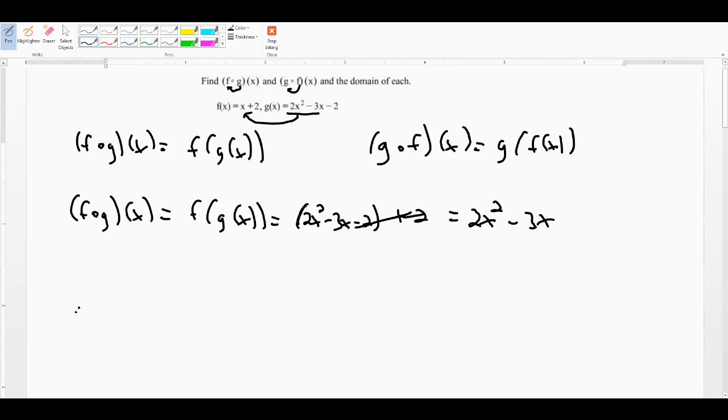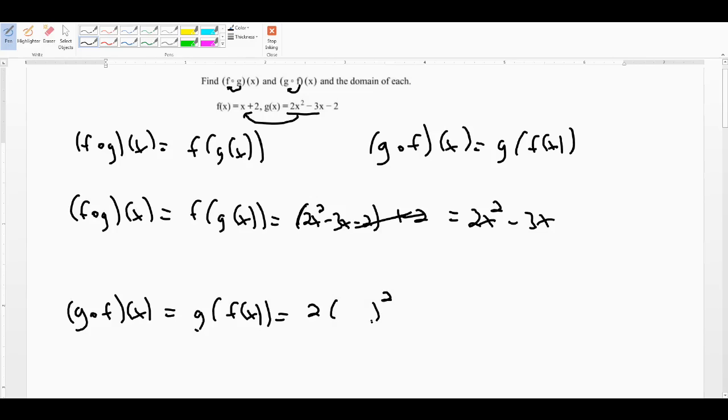And then let's do g of f of x. Once again, we're taking our g function, which is 2x squared minus 3x minus 2.